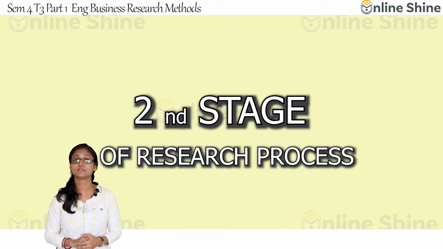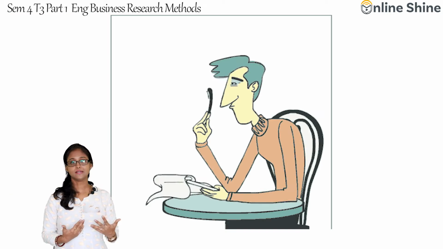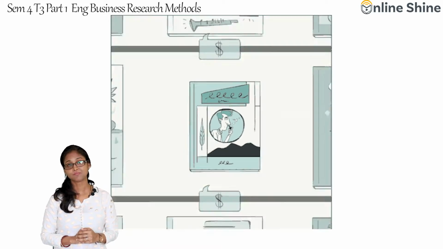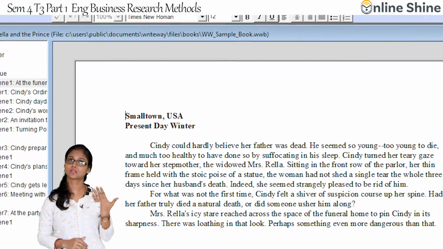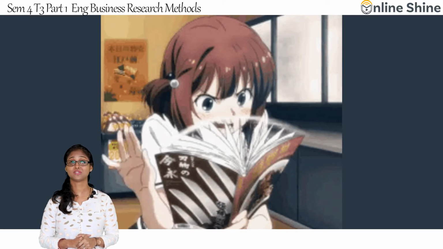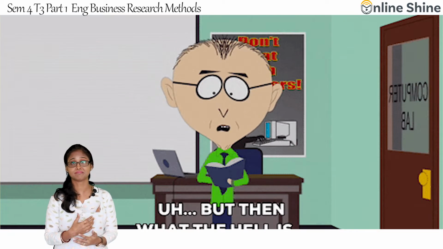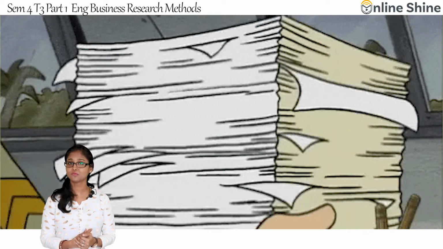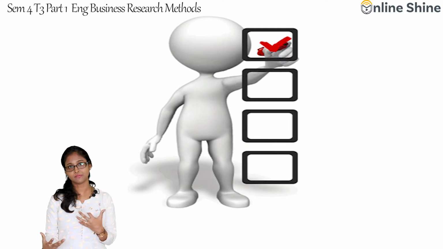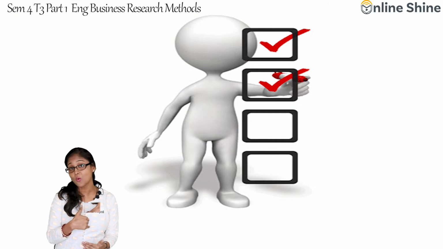The second stage of the research process is the extensive literature survey. Now, what do you mean by literature? Literature means already written theses or government reports, or any scholar's mini research work or pilot study, or anything documented in written form and referred to by you for your own purpose.